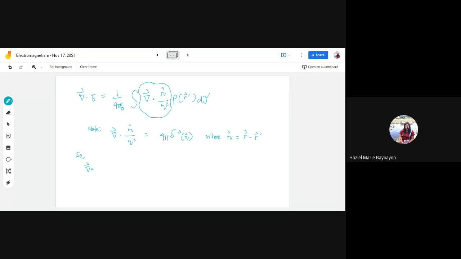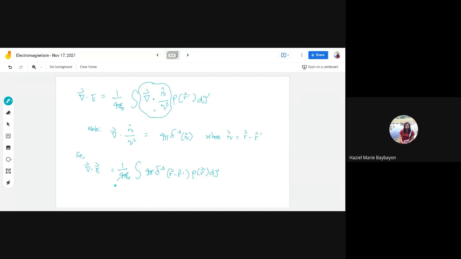So the divergence of the electric field can be rewritten as 1 over 4 pi epsilon naught, and inside the integral we just substitute this: 4 pi multiplied by the Dirac delta function of r minus r prime, and then we have rho d tau. Now we can take this constant out of the integral sign, and it cancels out with the 1 over 4 pi.